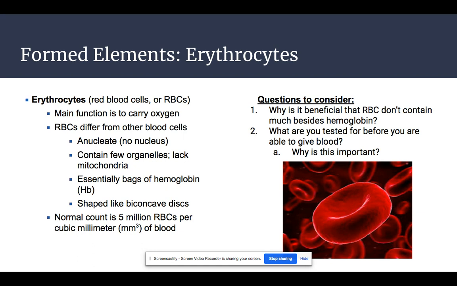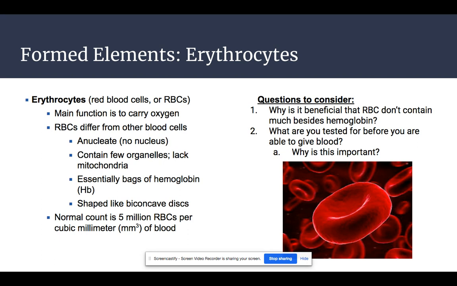They differ from the other blood cells, such as the leukocytes, and most other cells, because they are anucleate, which means they don't contain a nucleus. So they actually are not going to have the DNA that allows them to replicate. Red blood cells cannot replicate. Therefore, if you think about it, someone loses blood, they usually need to get a blood transfusion because they don't have the DNA to form, to go through mitosis.